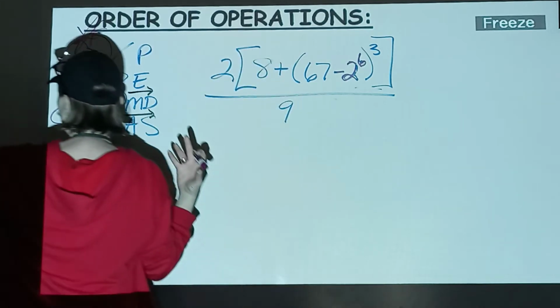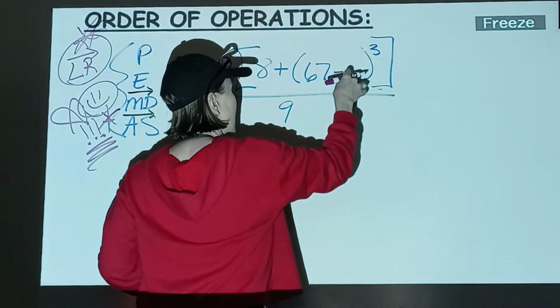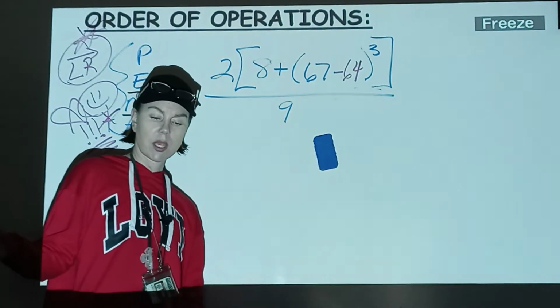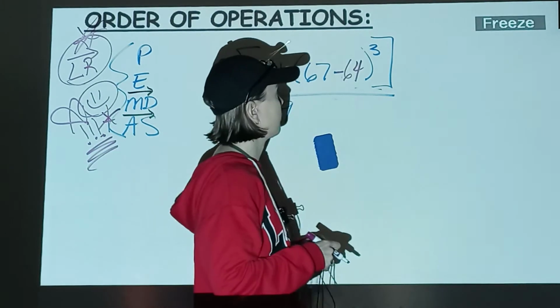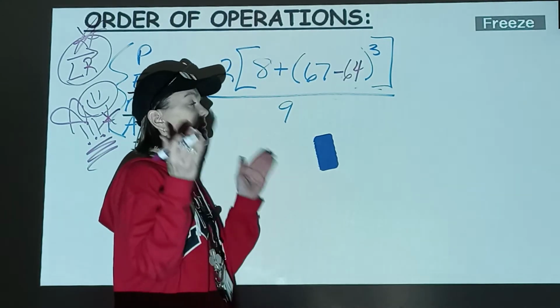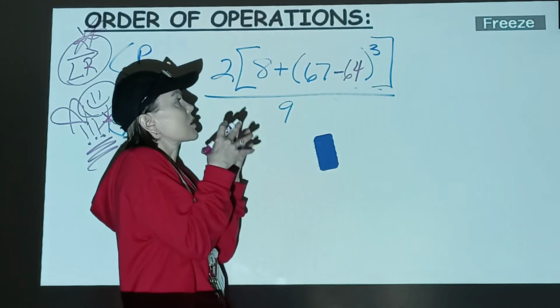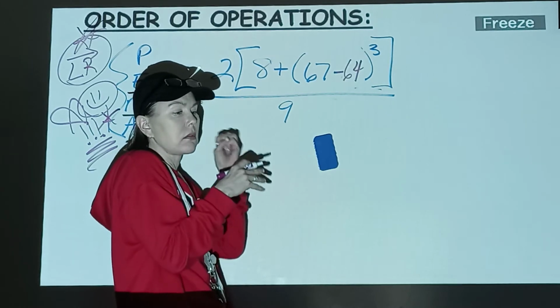So what do we know? We know that 2 to the 6th power, as we've done 6 million times, is 64. Okay, and we're following along, and you're writing in your notes as I'm writing this. Now, are we done with what's inside of the parentheses? No. So 67 minus 64 gives us what? 3.